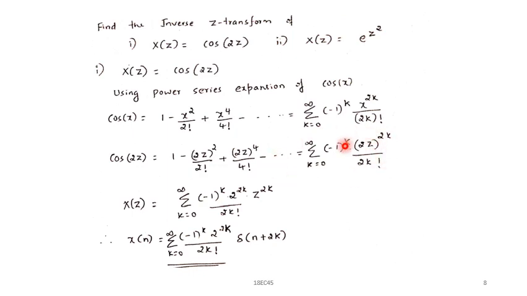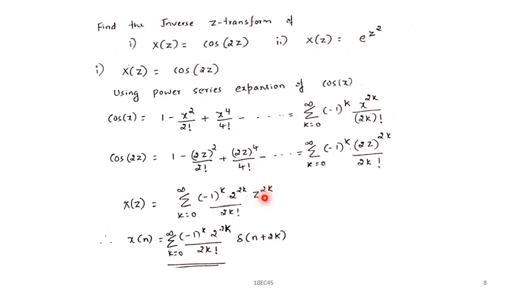So I'll expand this. Therefore, X of z is equal to summation over k from 0 to infinity, minus 1 to the power k, 2 to the power 2k into z to the power 2k divided by 2k factorial. I'll take all the constant terms as they are, and wherever z is there, I take the inverse Z transform.